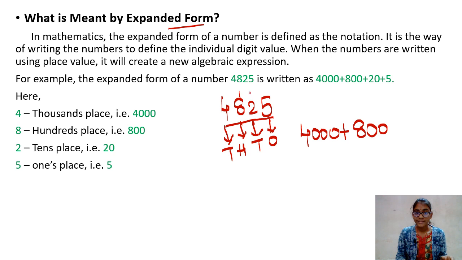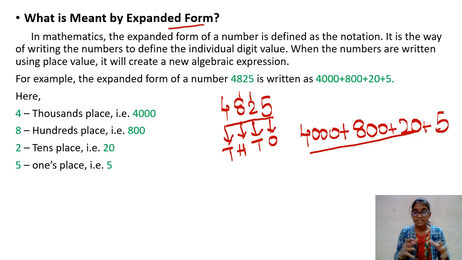This 2 is tens place, so it becomes 20. And 5 is ones place, so ones place is the number itself, plus 5. Like we are elaborating the number in an expanded form. Elaborating that number is called an expanded form.